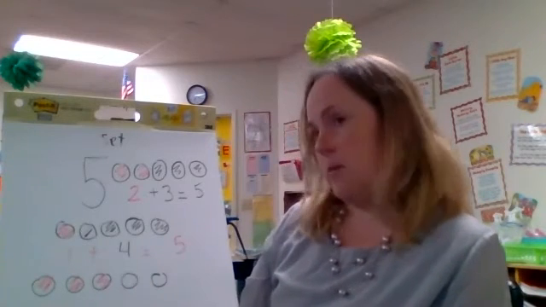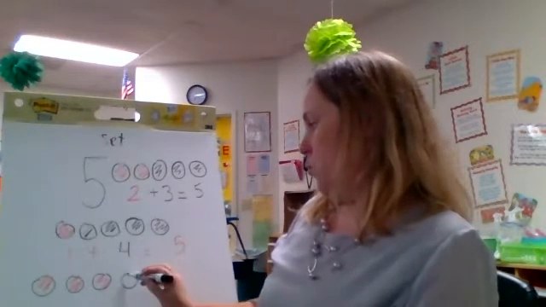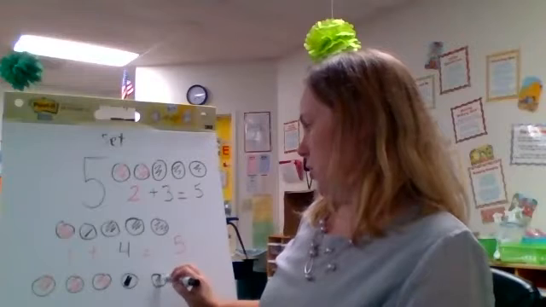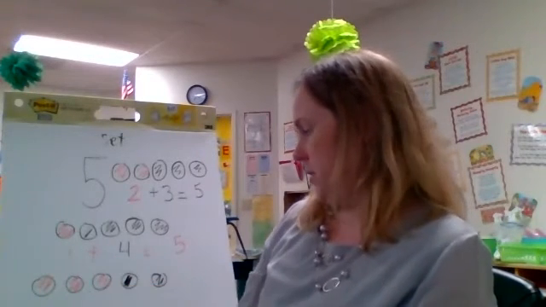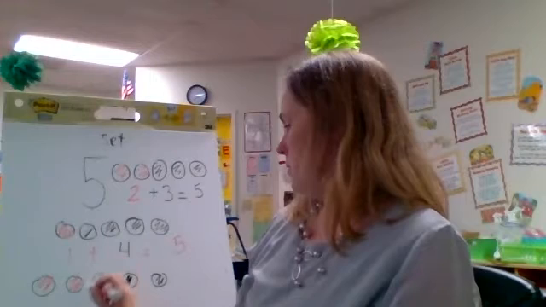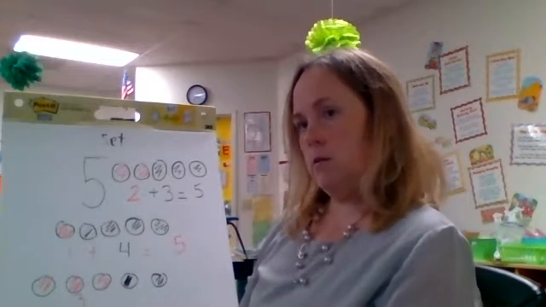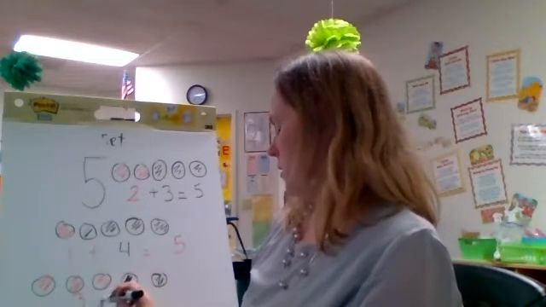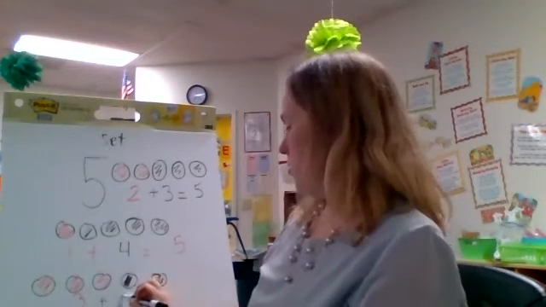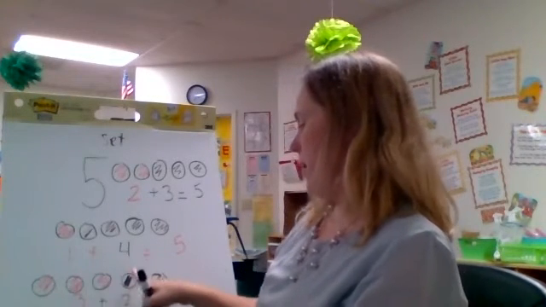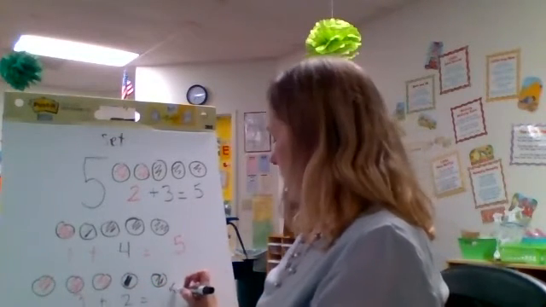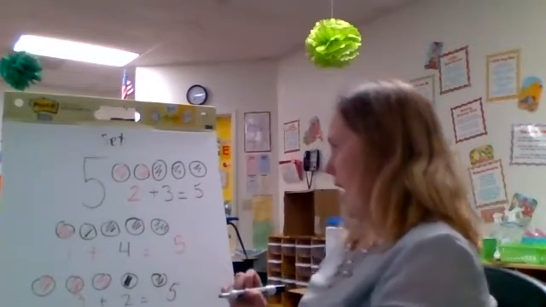And how many blacks am I going to color? 1, 2. So 3 reds plus how many blacks? 2 equals 1, 2, 3, 4, 5. Every time our number equals 5.